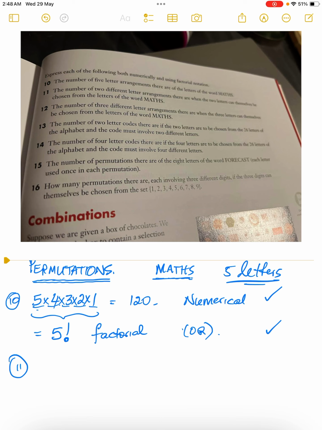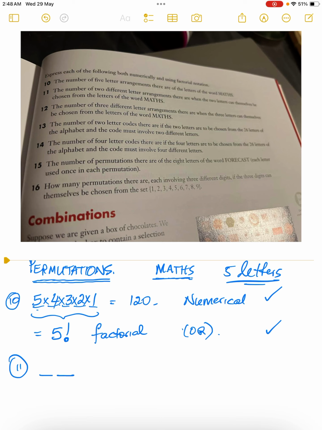Question 11 is the number of 2 different letter arrangements there are when the 2 letters, what does that say? I can't read it too well. The 2 letters can themselves be chosen from the letters of the word maths. Now we only have 2 positions, so I'm just going to put 2 positions, 2 letters.